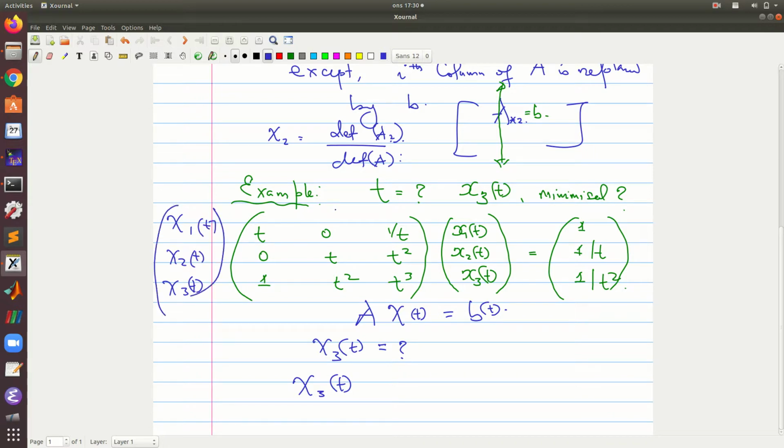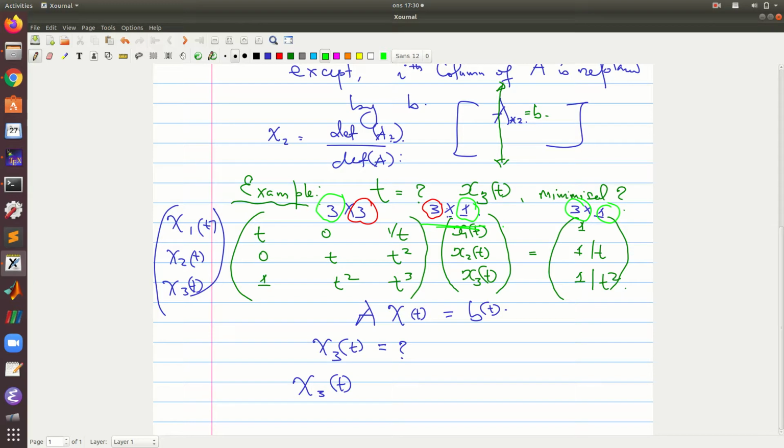Because A is 3 by 3, x is 3 by 1, and we know b also has to be 3 by 1, because if the number of columns equals the number of rows, then the solution is 3 by 1. So this is x1, x2, x3.